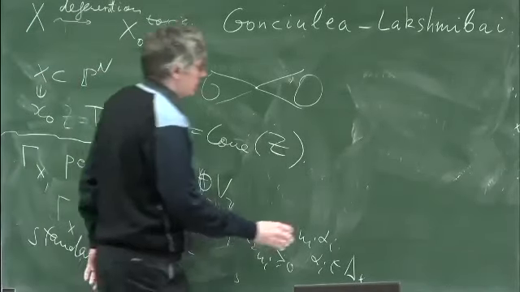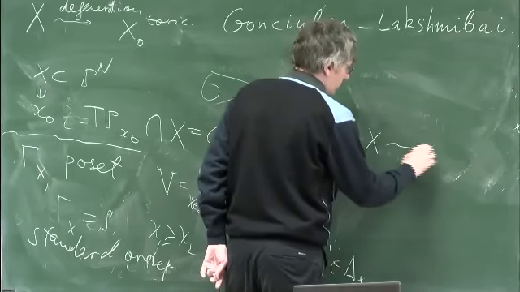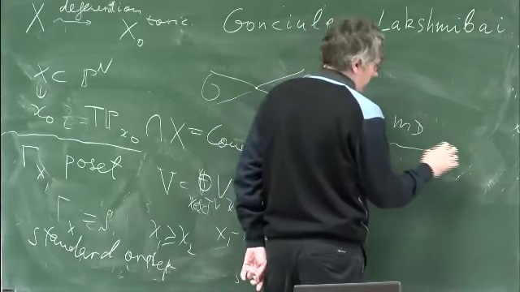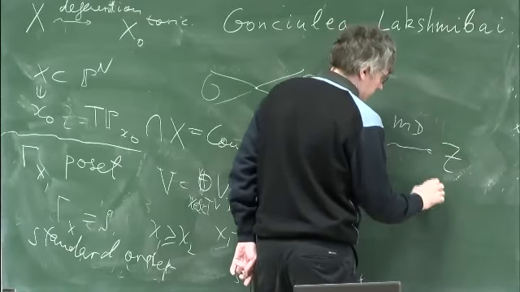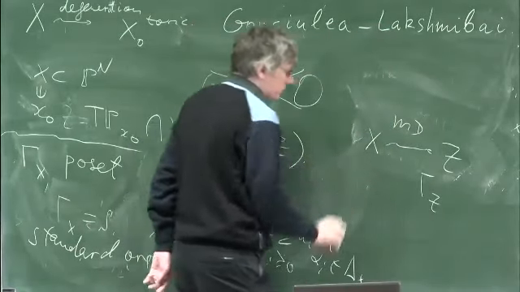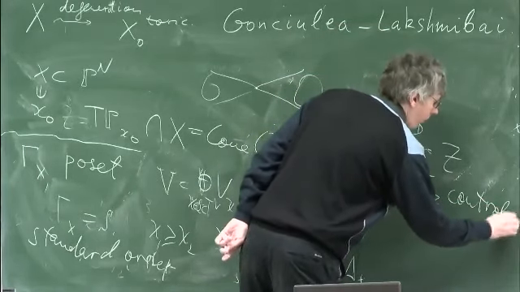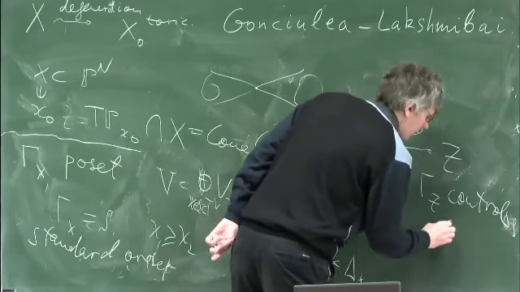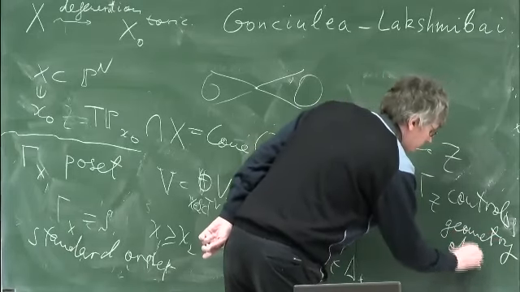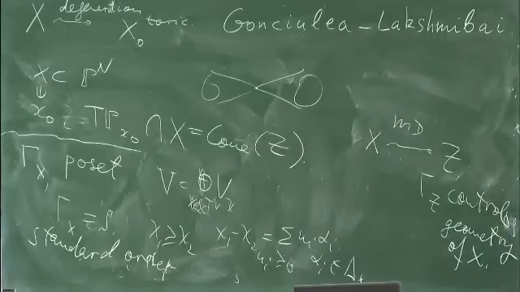So my claim is that if we consider minuscule descent, so we start from X, we take this minuscule descent and we come to Z and consider gamma Z, that this partially ordered set gamma Z controls the geometry of X in a little bit non-trivial way.